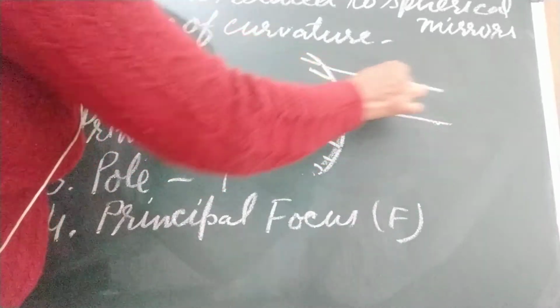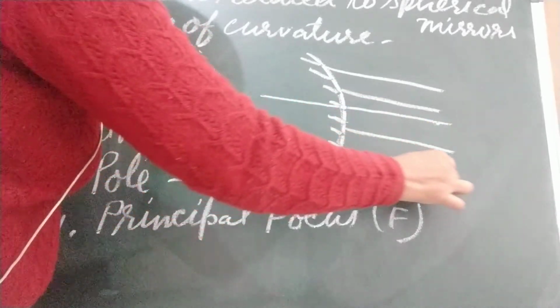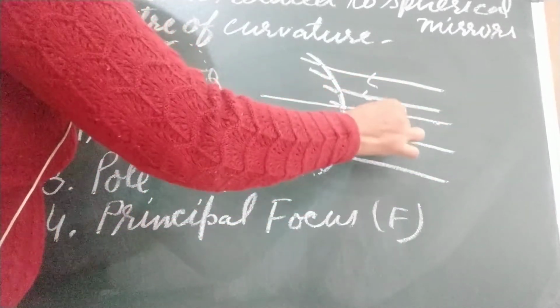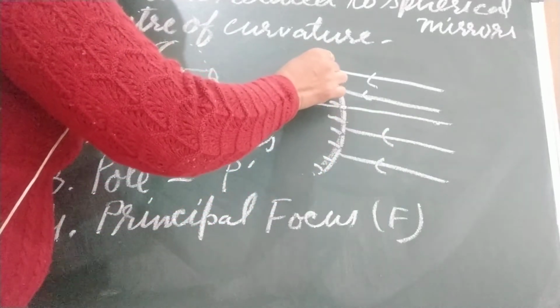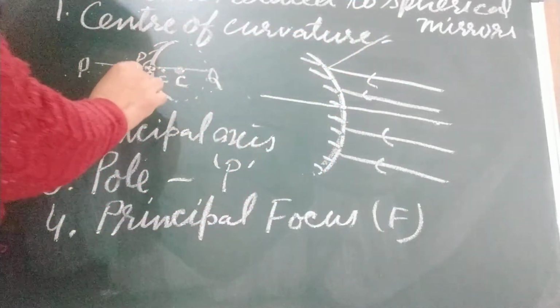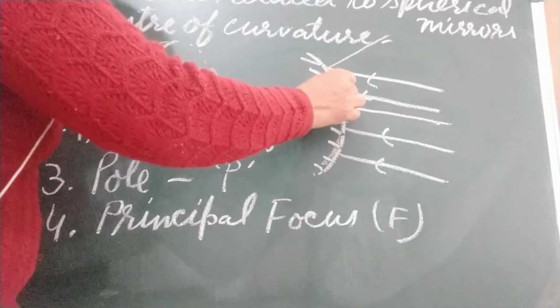Now the rays are falling on the reflecting surface, and after falling, what happened? The concave is called a converging mirror. This one is called diverging.